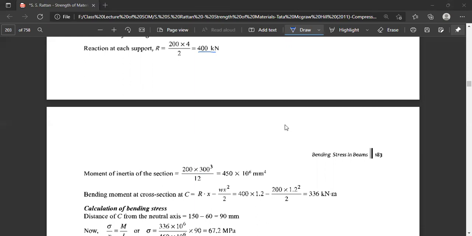And w into x is the distributed force, which is acting at a distance x by 2. So the moment will be w x multiplied by x by 2, which is making a clockwise moment, which is negative here. Thus, R into x minus w x squared by 2, where x we know is given as 1.2.